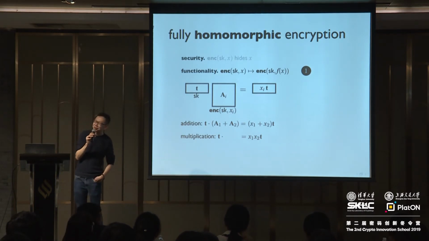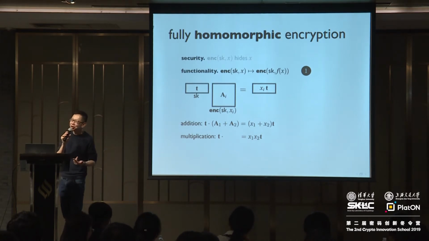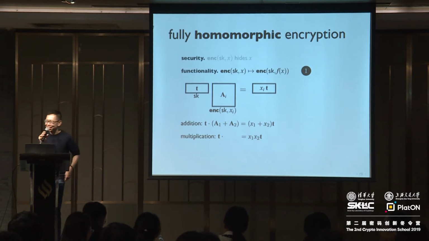How do you get an encryption of X1 times X2? How do you combine the matrices A1 and A2 together to get a new matrix with the property that t times this new matrix is X1 times X2 times t?